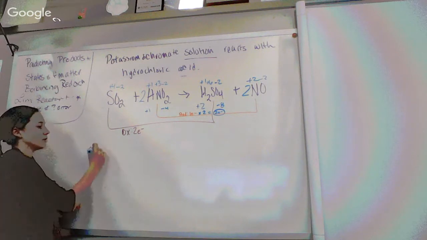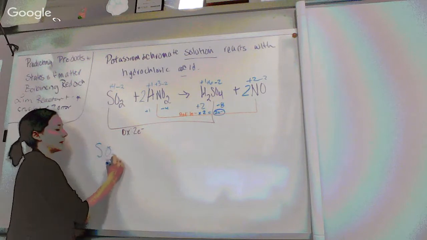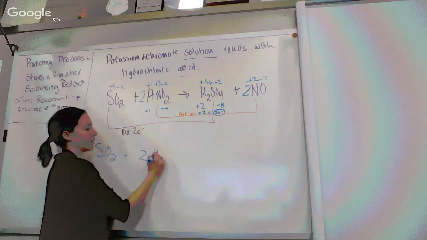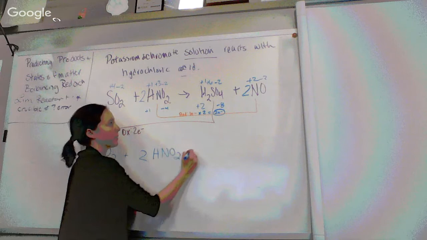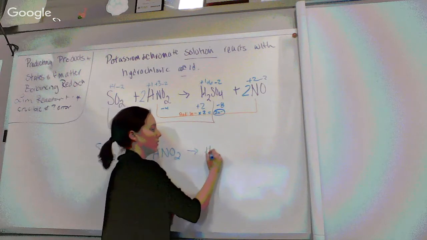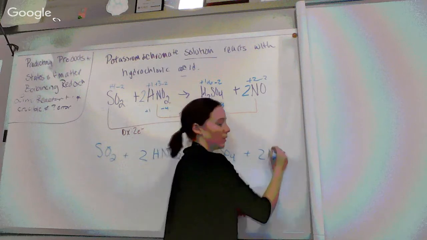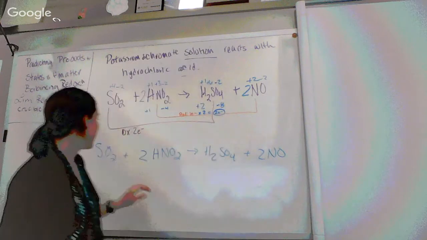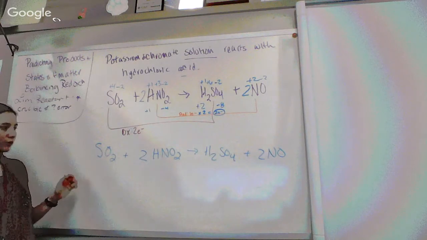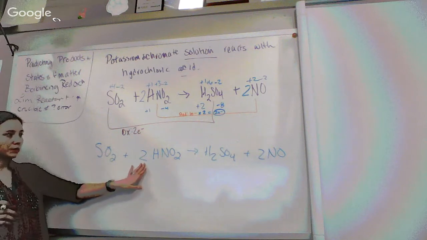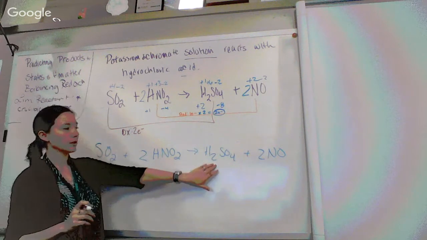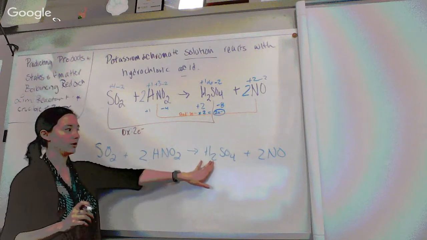All right. So then the last step would be to balance your whole equation. Because there's a lot of stuff happening up there, I'm going to move this down. You want to make sure everything else is balanced. So we know our sulfurs are taken care of. We know our nitrogens are taken care of. So next would be to look at our hydrogens, and it looks like those are balanced because I've got 2 there and 2 there.